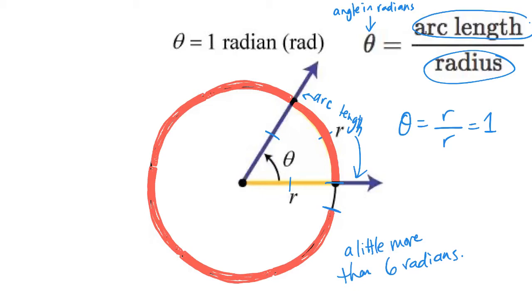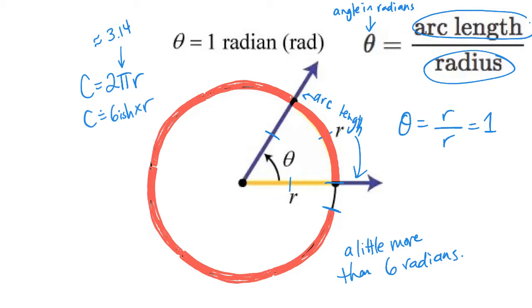So now what I want you to think about is what you know about the circumference of a circle. So hopefully you remember that the circumference of a circle is 2 pi r. And if we think about how big 2 pi is, we've always kind of been comfortable with the fact that pi is approximately 3.14159, continuing on forever. So this is literally telling us that the circumference is about 6-ish times the radius.